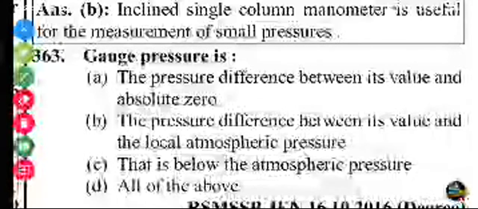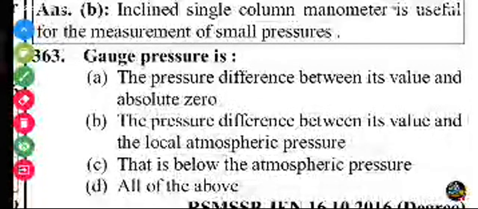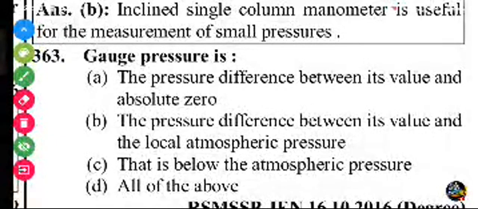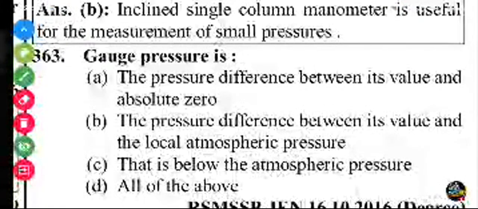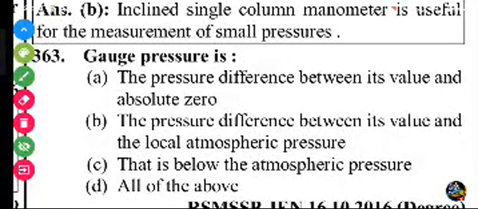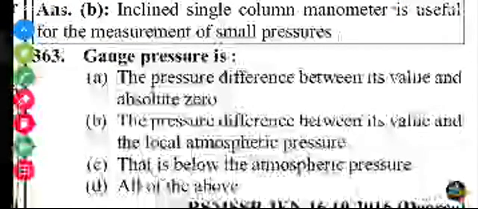Next question, gauge pressure is the pressure difference between its value and the local atmospheric pressure. It is below the atmospheric pressure.